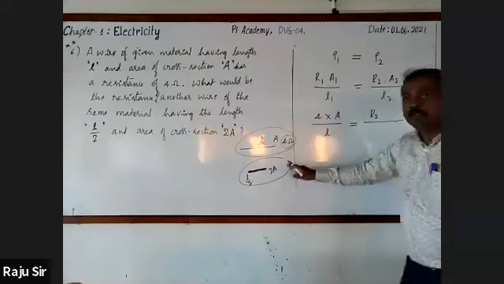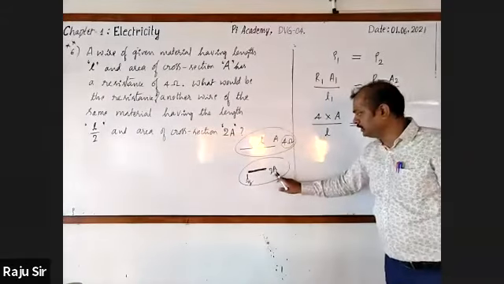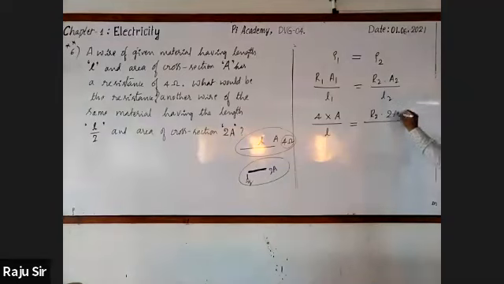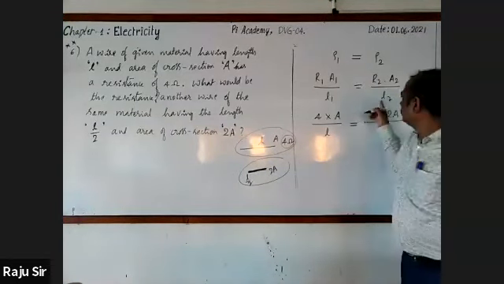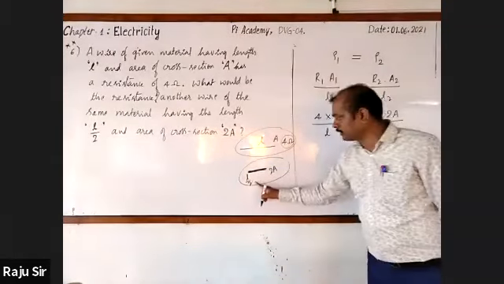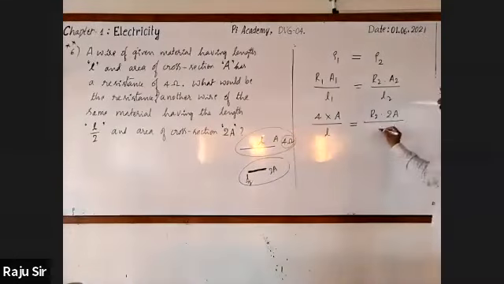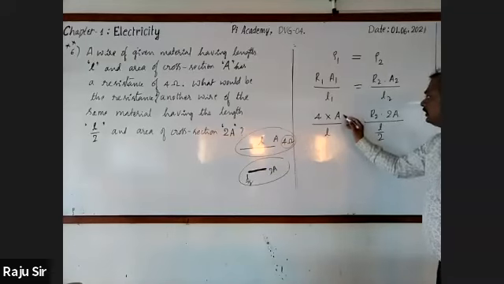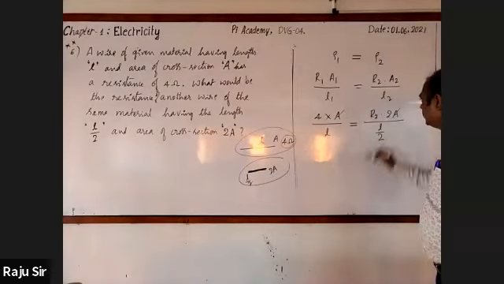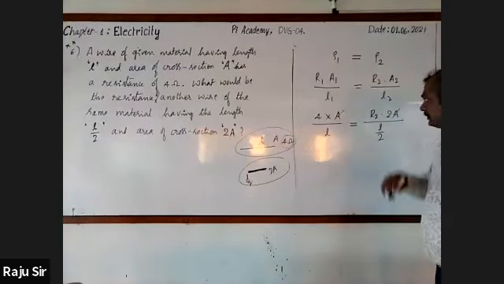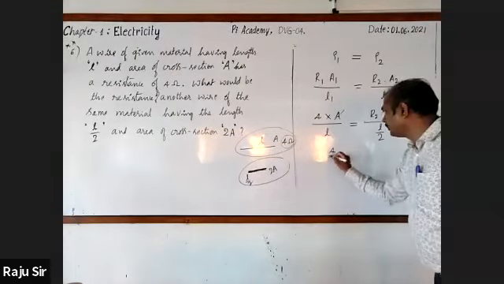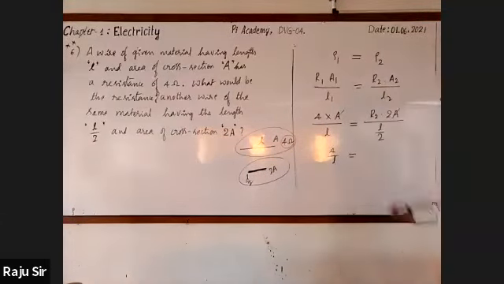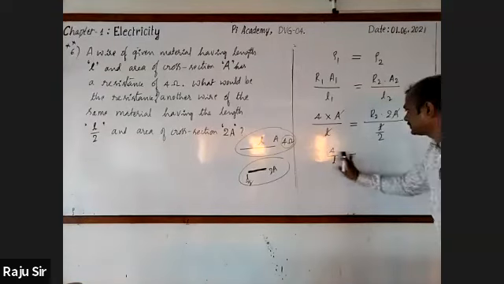Then the area of cross section of the second wire is 2A, and the length of the second wire is L/2. Observe here, A gets cancelled. Now it is 4 by L, which is equal to, L also gets cancelled.